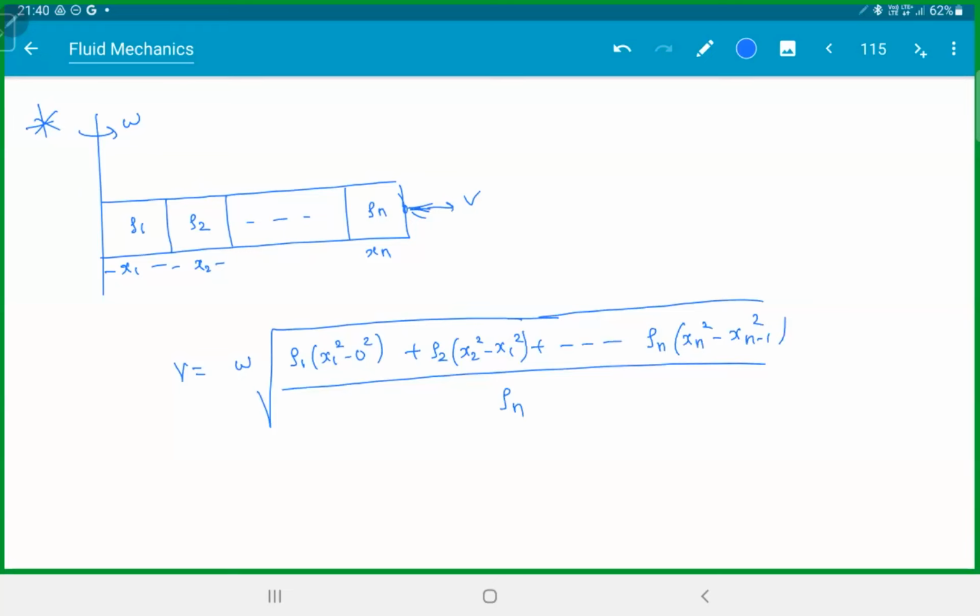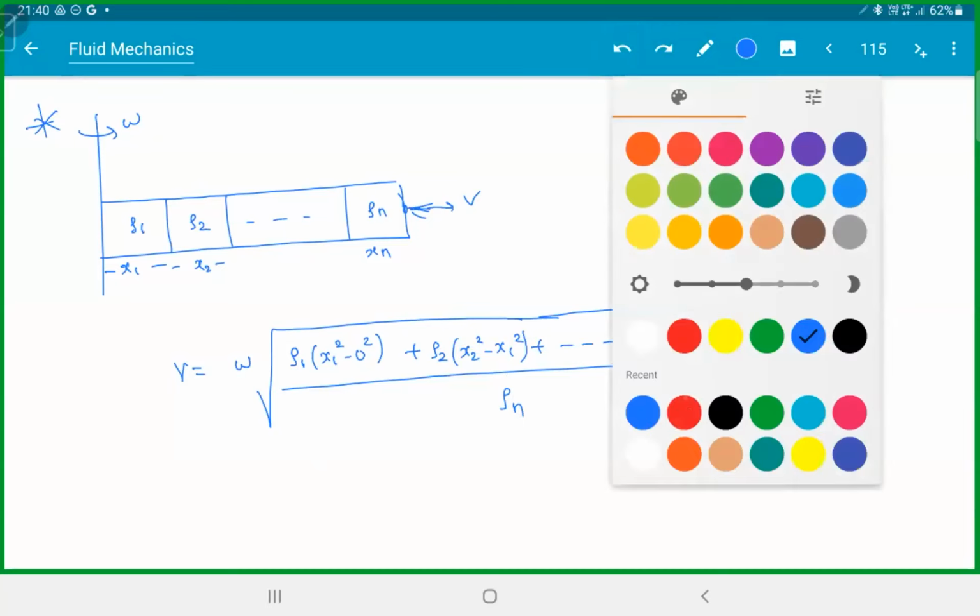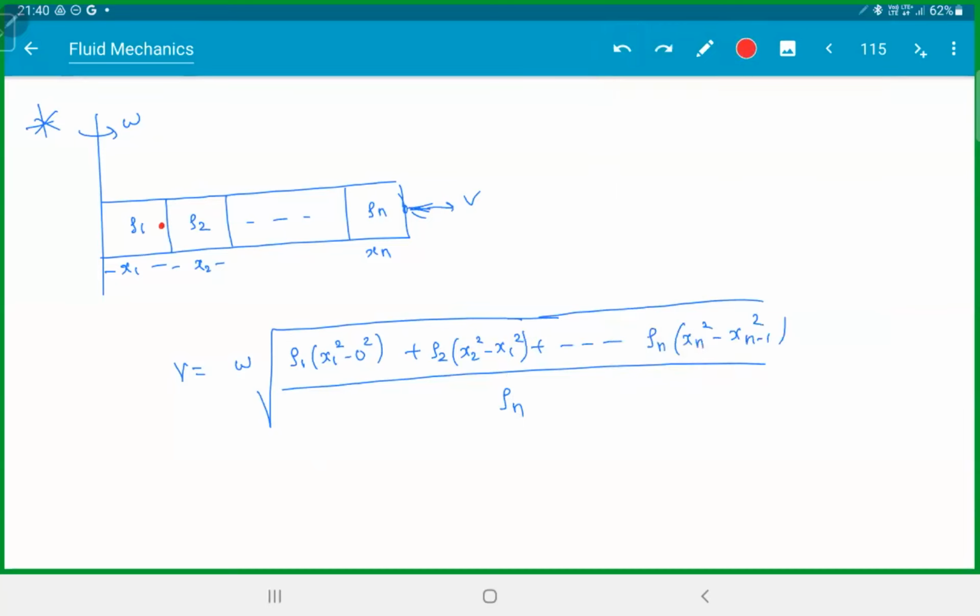So we did a very simple case where rho 2 to rho n are all 0, and only rho 1 and x1 are there. So all these terms got cancelled, rho also gets cancelled, and you got just omega into x1 directly. But this is a better formula if you have n liquids. The idea is the same. We have to find the pressure; we use P axis minus the pressure here, here, here, here.